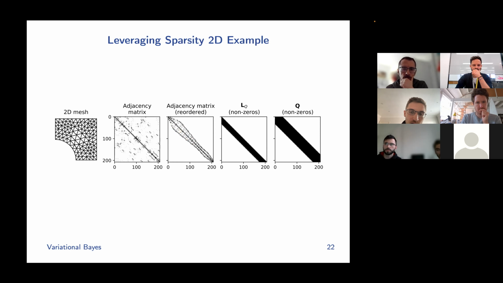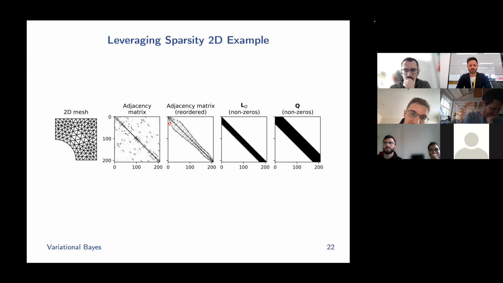Okay. And that bandwidth is going to be wider if you are using two levels of connectivity rather than one. Yeah, absolutely. So if this one has bandwidth, let's say 10, probably more anyway, like let's say 20, you know that the Cholesky factor will have bandwidth less than or equal to 20.